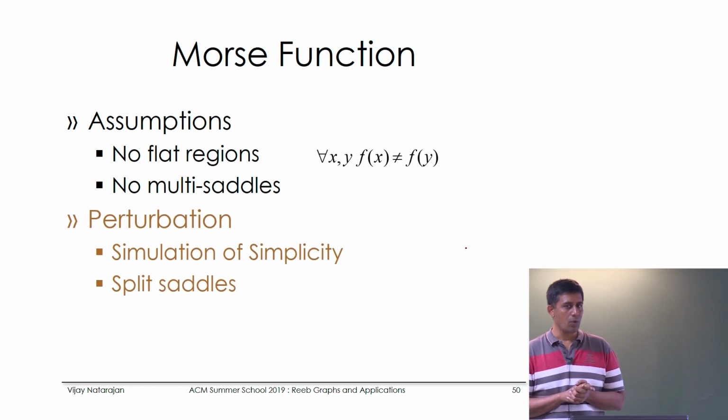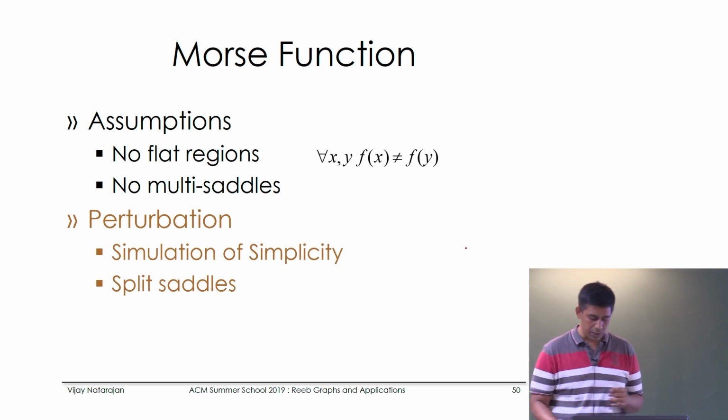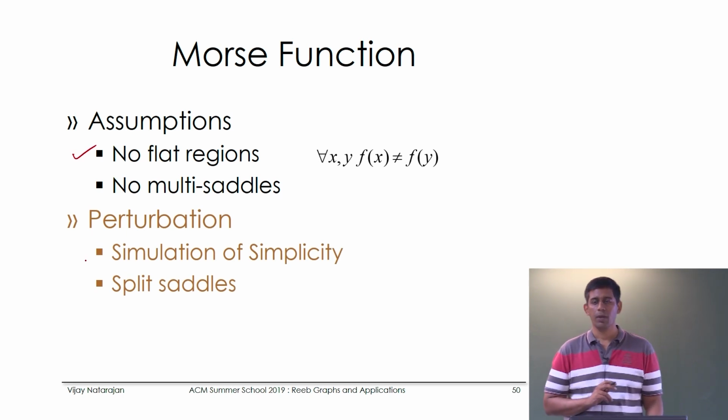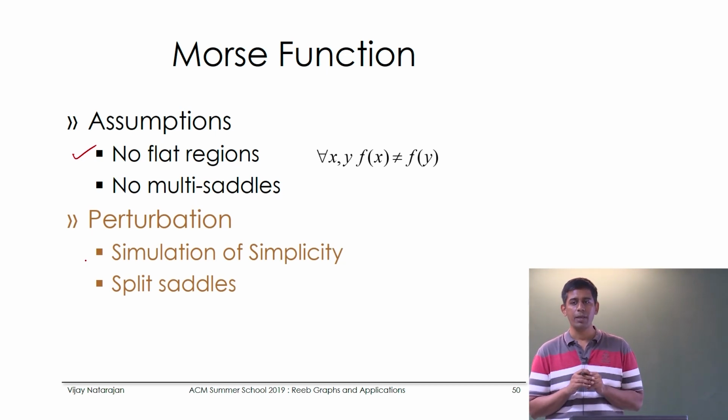Now, why are these assumptions valid? We have a way to uniformly address the first point, using a technique called simulation of simplicity. This does a small perturbation, and with that you can ensure that in your data no 2 points have the same function value.